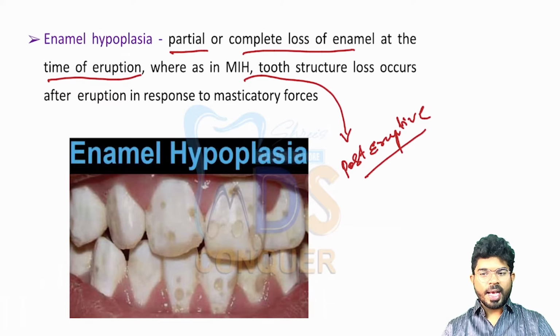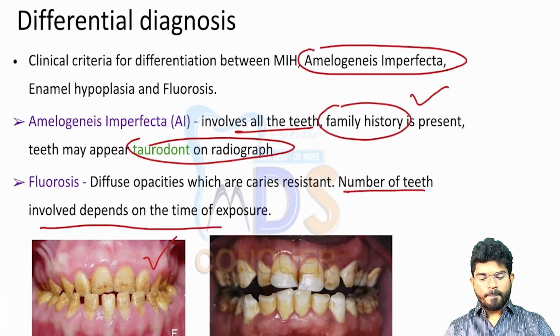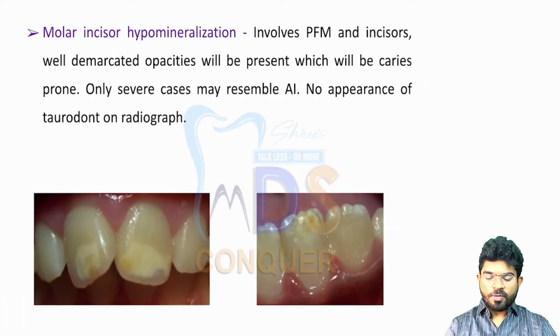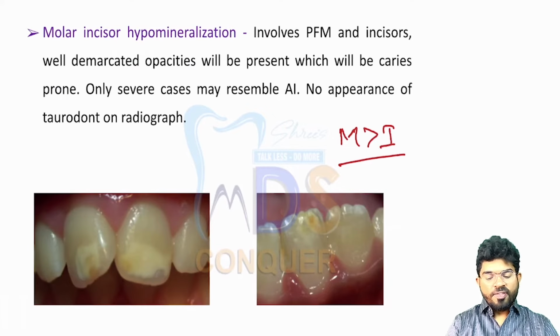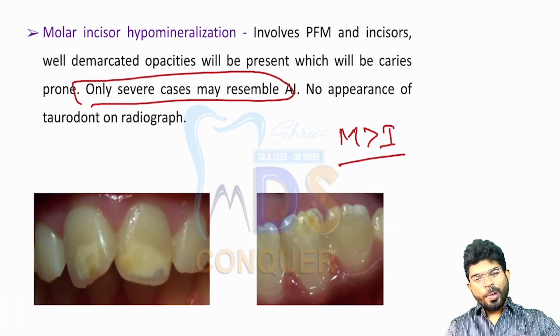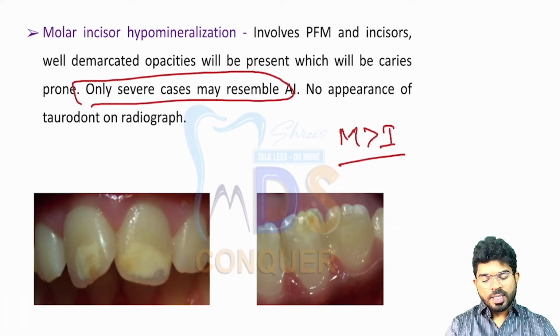So the next important aspect after enamel hypoplasia is, of course, your MIH. We have discussed a lot about MIH. MIH is basically seen in molars compared to incisors. A severe form of MIH, which is affecting all the teeth, you may get confused with amelogenesis imperfecta.